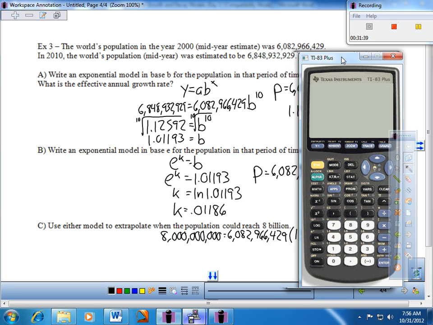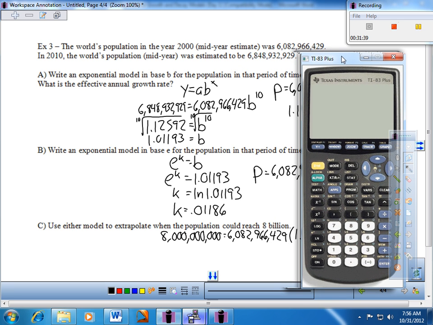So let me just make sure I've got everything lined up here exactly the way I want it. And let's go calculate. I've got 8 billion. Yikes. And then I'm going to divide by that number there one more time. 6082,966,429.